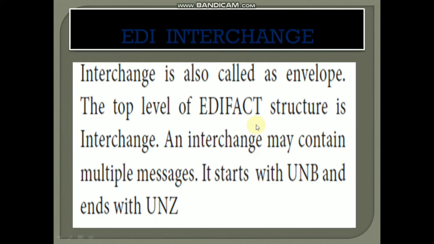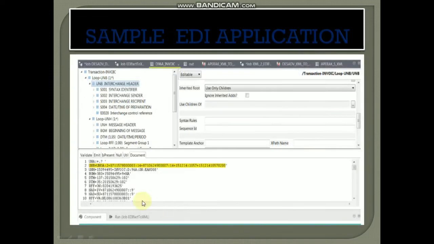Your EDIFACT interchange will start with UNB and end with UNZ. See here, you can see the UNB, the interchange header. So it starts from UNB and goes on and ends in UNZ. Clear?